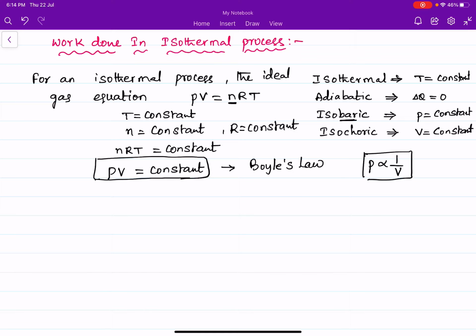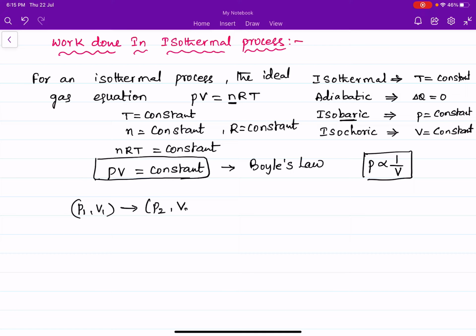Now, in isothermal process, whenever a system passes through different states of the medium, consider the state moving from P1 V1 to P2 V2.